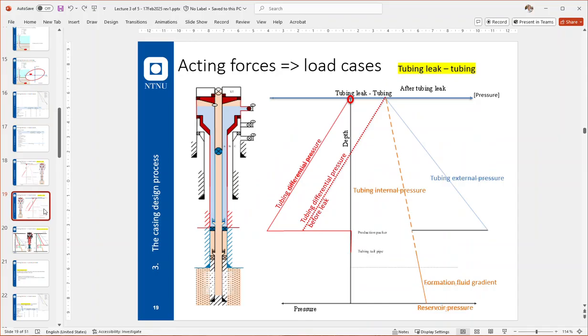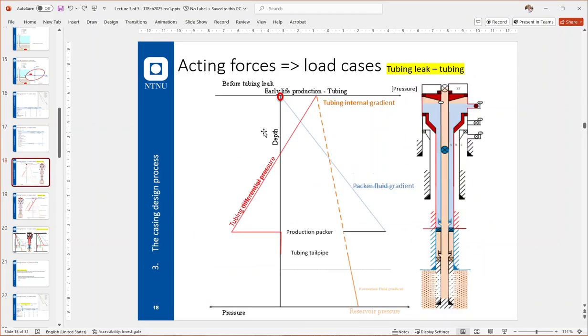Now we have a leak, and the difference is that the packer fluid gradient will have to start where the tubing internal pressure is, because the shut-in tubing pressure is the same also in the annulus.